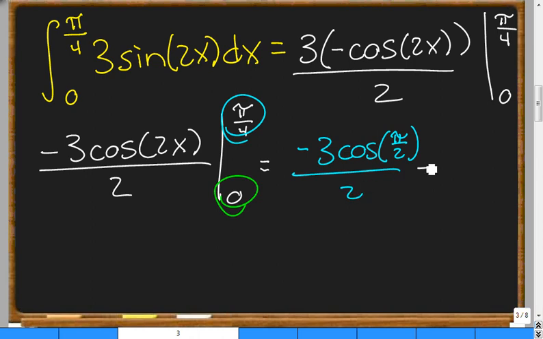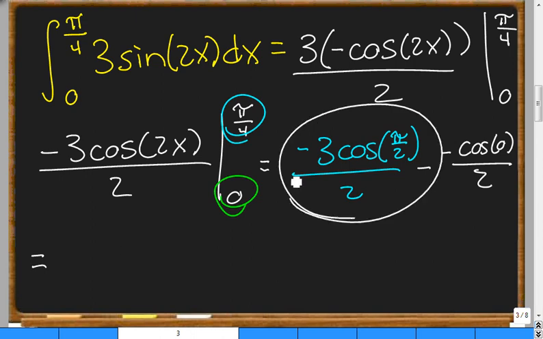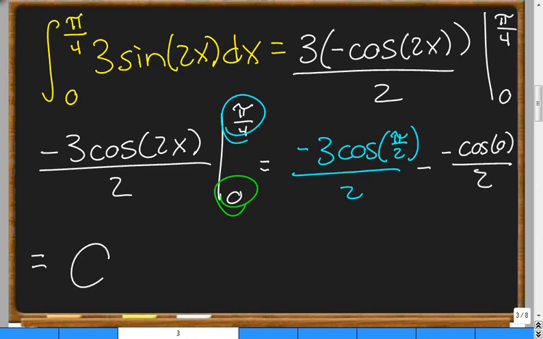And we subtract away negative cosine of 0, because 0 times 2 is 0, over 2. So we need to continue to simplify this. Well, the cosine of pi over 2 is 0. So this whole thing zeroes out. Negative 3 times 0 over 2 makes 0.